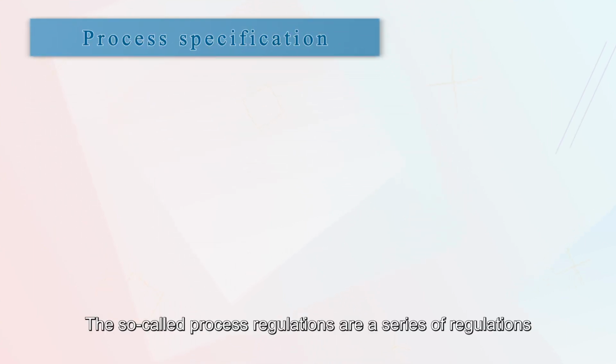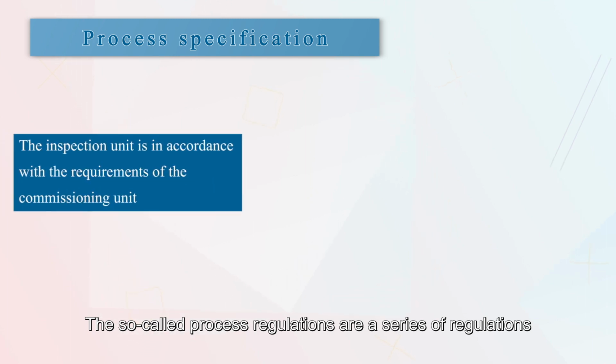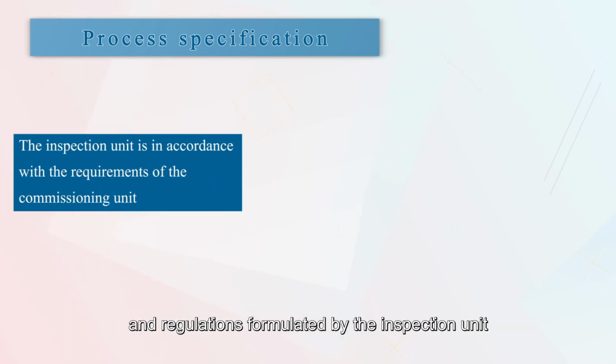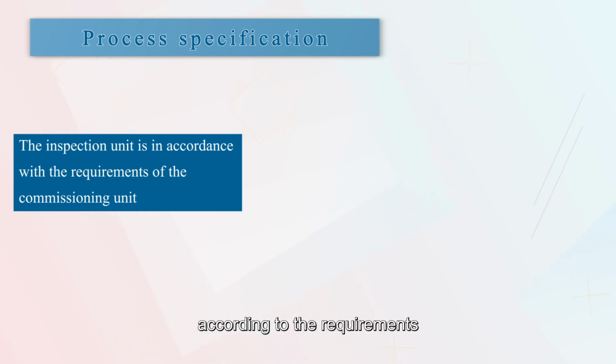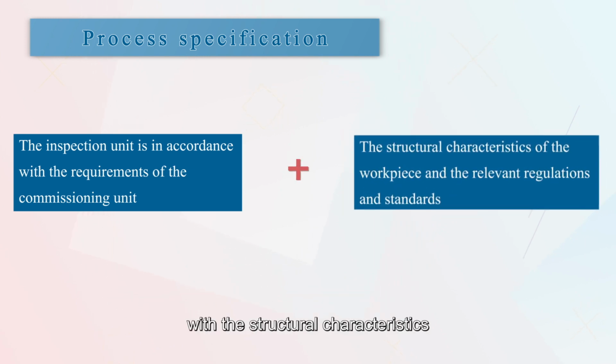The so-called process regulations are a series of regulations formulated by the inspection unit according to the requirements of the entrusting unit and in combination with the structural characteristics of the workpiece and relevant regulations, standards, etc., to provide a basis for the implementation of subsequent processes, and are generally used within the enterprise.